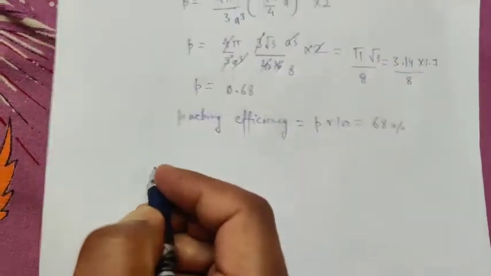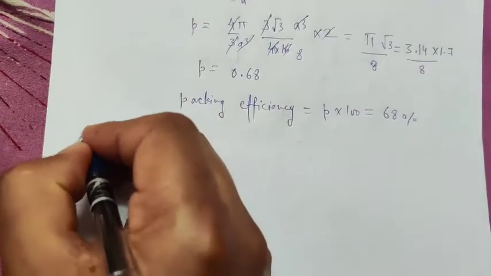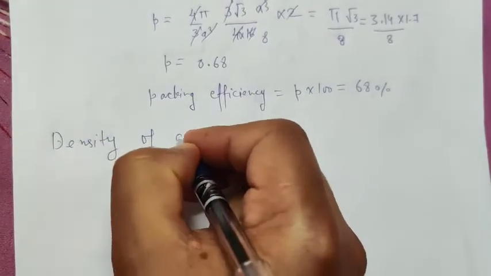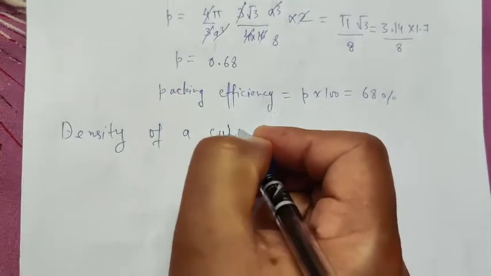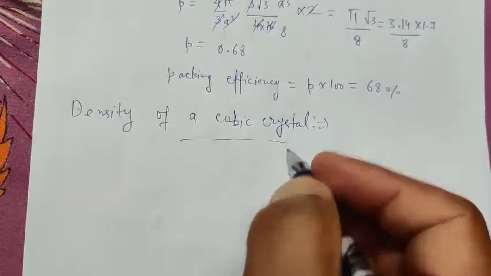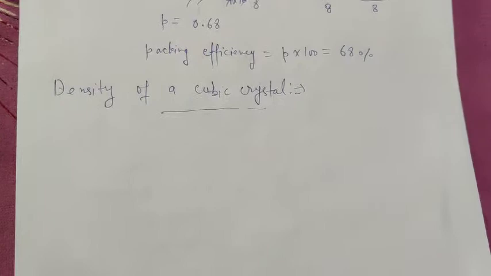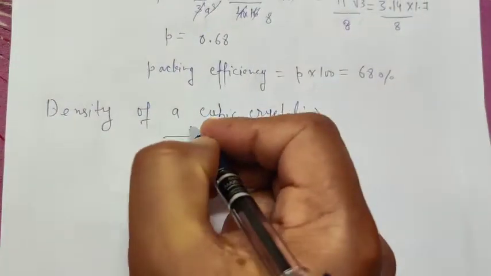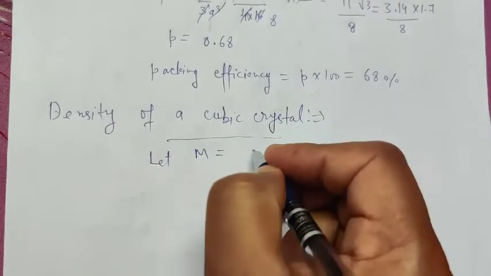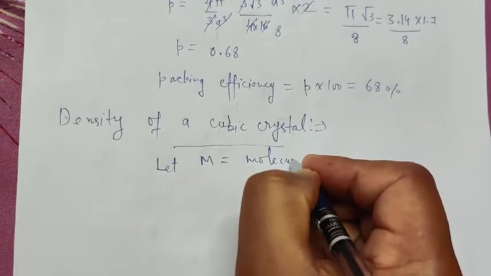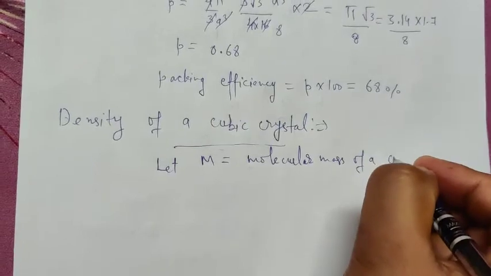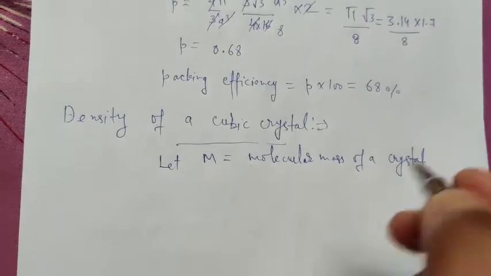So next we are going to calculate the density of a cubic crystal. To calculate the density of the cubic crystal, we will assume that capital M is the molecular mass of the crystal.